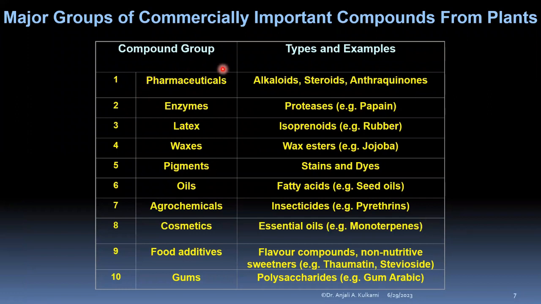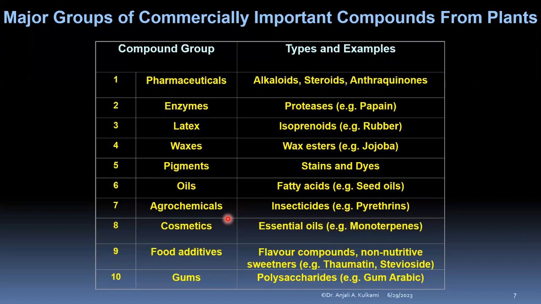Now, I have tried to make a list of the various groups, as I was telling you, which have some commercial importance. Because whenever you say production of secondary metabolites in vitro, there is a large commercial angle to it. A large number of companies are into this field, and wherever we are getting good money out of this work, people are very much interested in scaling it up.